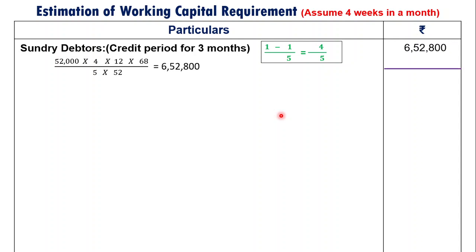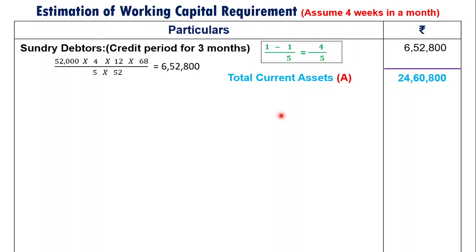Then the total current assets, by considering all the current asset items: stock of materials, work in progress, finished goods, sundry debtors, is 24,60,800, and this is to be treated as total current assets.